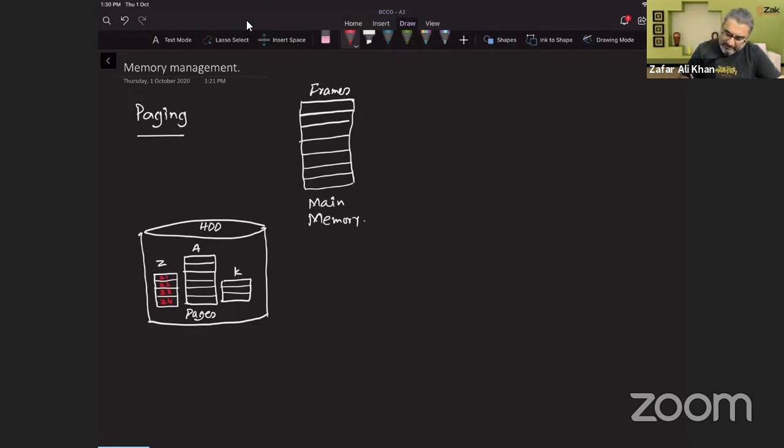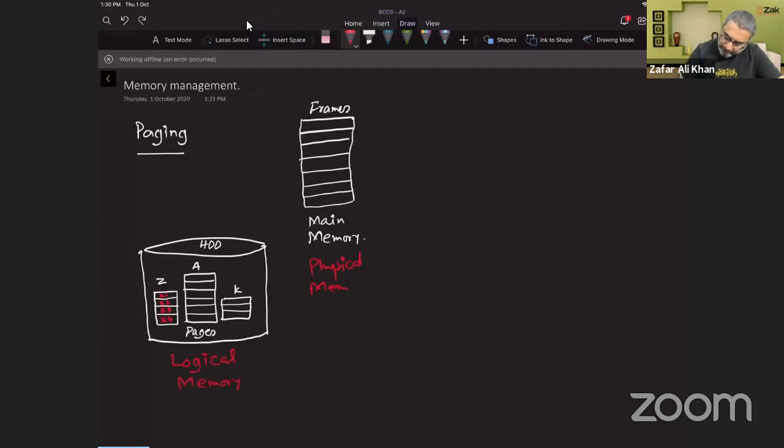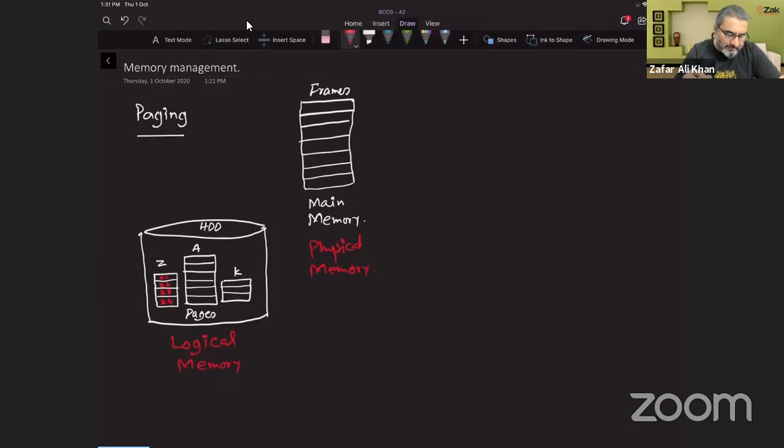So let us call this logical memory, and this is called physical memory. All right. When a process is executed, process pages from the logical memory are loaded into the physical memory.